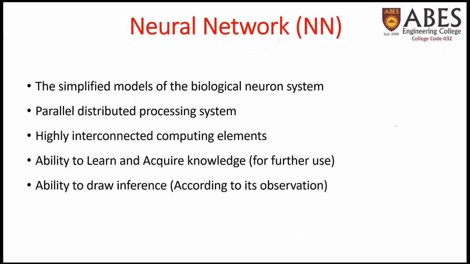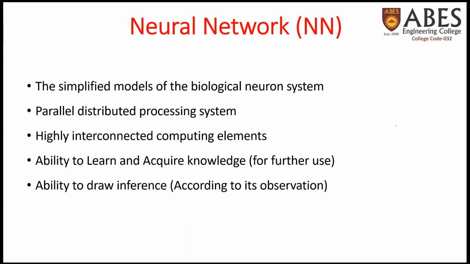Neural networks are the simplified model of the biological neuron system, that is a massively, on a very large scale, parallel distributed processing system made up of highly interconnected neural computing elements that have the ability to learn, acquire knowledge and make it available for use.